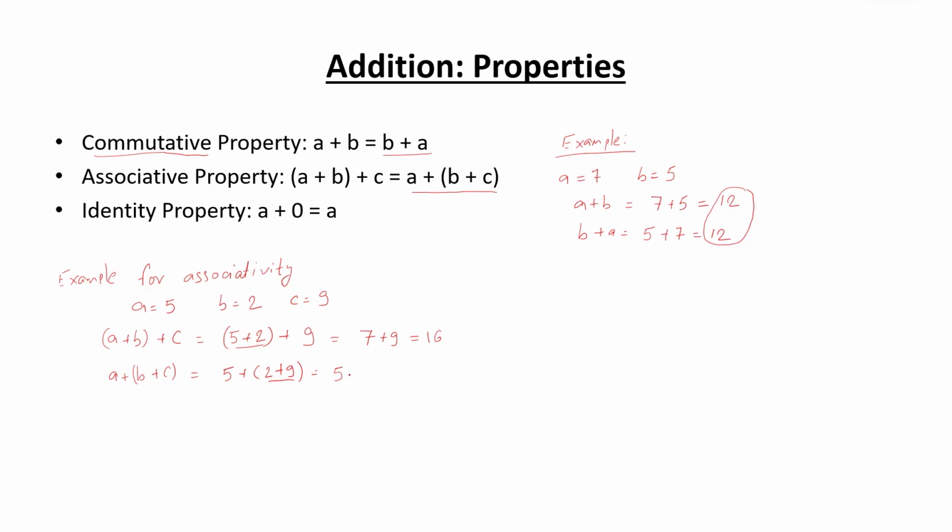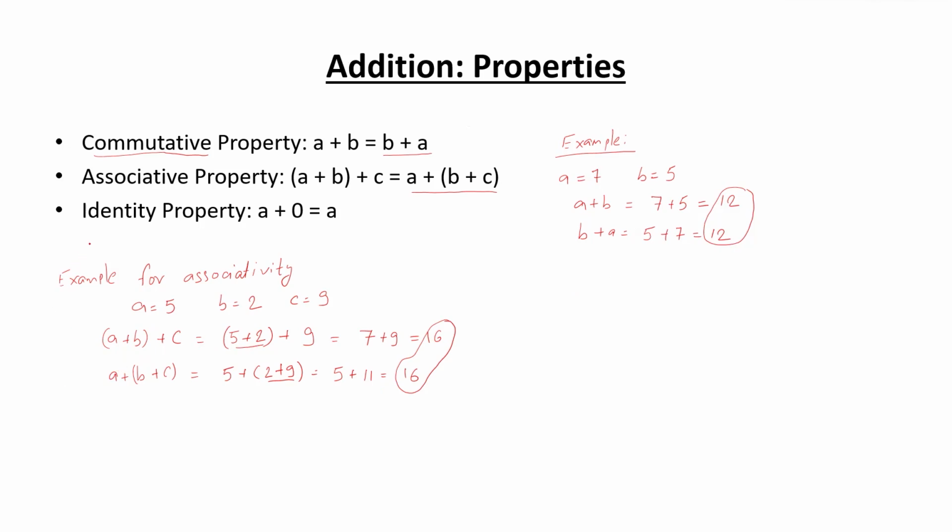So 5 as it is, plus 9 plus 2 is 11, and that is equal to 16. You can see that again, order does not matter, whether it is just two numbers or three numbers. Either you add A plus B first and then C, or B plus C first and then A. Both will give you the same answer.